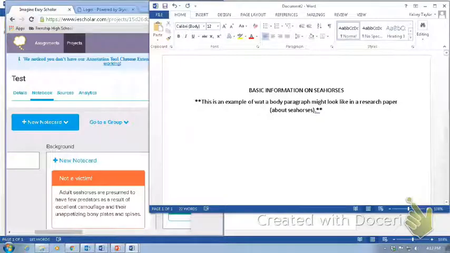So I didn't want to write this sample paragraph about one of y'all's topics because I didn't want to take any of y'all's ideas for sure. So I just decided to write it about seahorses because why not, right? This is just an example of what a body paragraph might look like in a research paper about seahorses.